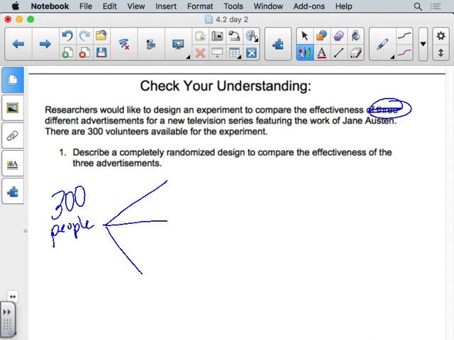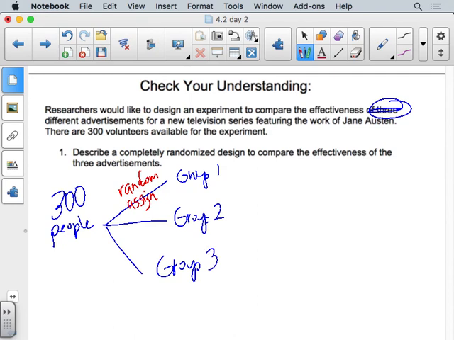So I'm going to make sure to say that I'm randomly assigning them into group 1, group 2, group 3 with 100 people in each.